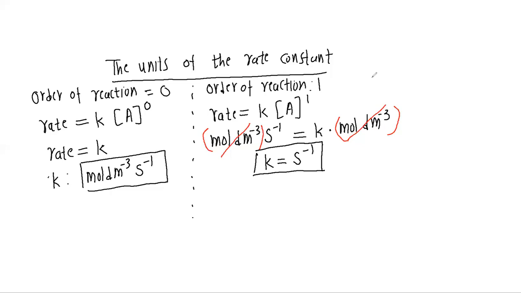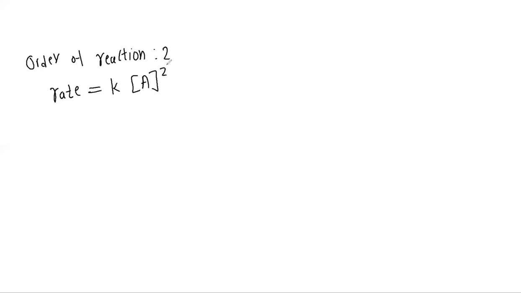Okay. Now let's go into the next one. Let me rub this out. And let's say order of reaction is 2. So we can straightaway write rate is equal to K, and now the concentration is raised to 2 because this is the order of reaction 2.